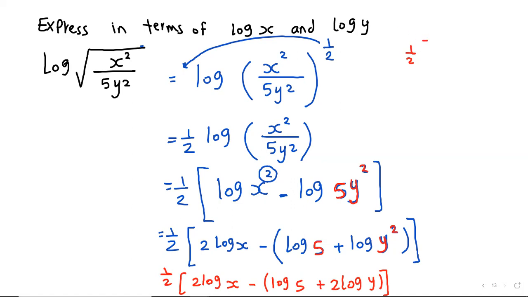And we have between the brackets 2 log x, write it as it is. And this minus is going to multiply all terms here. It's negative log 5 and negative 2 log y. That's it.